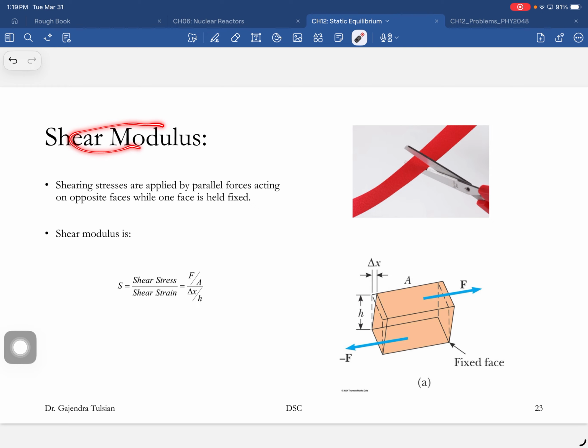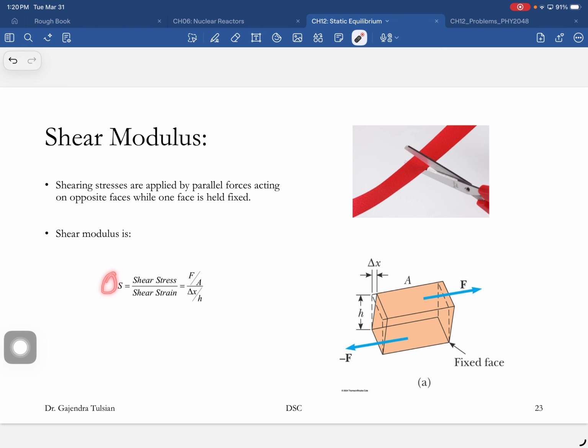So shearing modulus. When you're cutting something with a pair of scissors, what you're doing is sliding these planes in opposite directions, and eventually that shears off. This blade is applying a force parallel to that face, and this blade is applying a force parallel to that face.